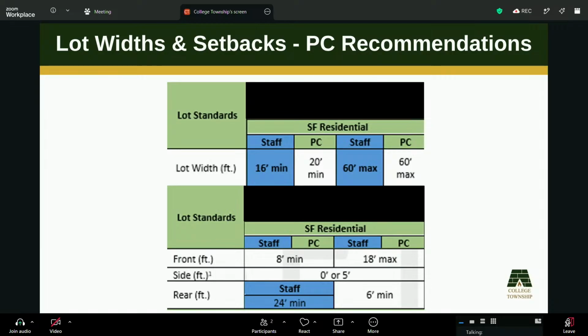I think probably a developer is going to move it towards the 20, but I don't think we have to dictate that. Was the reasoning the same? Yeah, I'm cool with the 16. And you'll see in general throughout this that PC just was not comfortable with 16, so they were comfortable with 20, so that was what they set as their threshold.